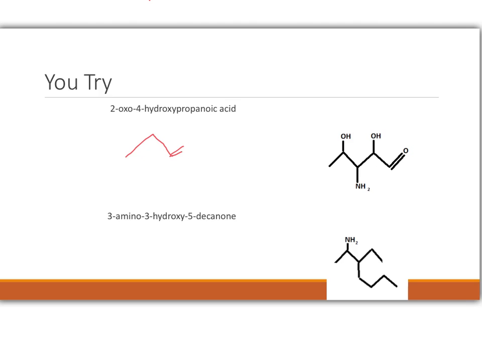The last carbon has my OH and double bonded O coming off of it. And then numbering wise, hopefully you're catching that there's got to be a mistake in this name. Oops, 2, 3. So my oxo group makes sense being on 2. And then hydroxy is an alcohol, but there is no 4th carbon to put it on. So we're going to say that was supposed to be a 3 and put an OH at the end here.